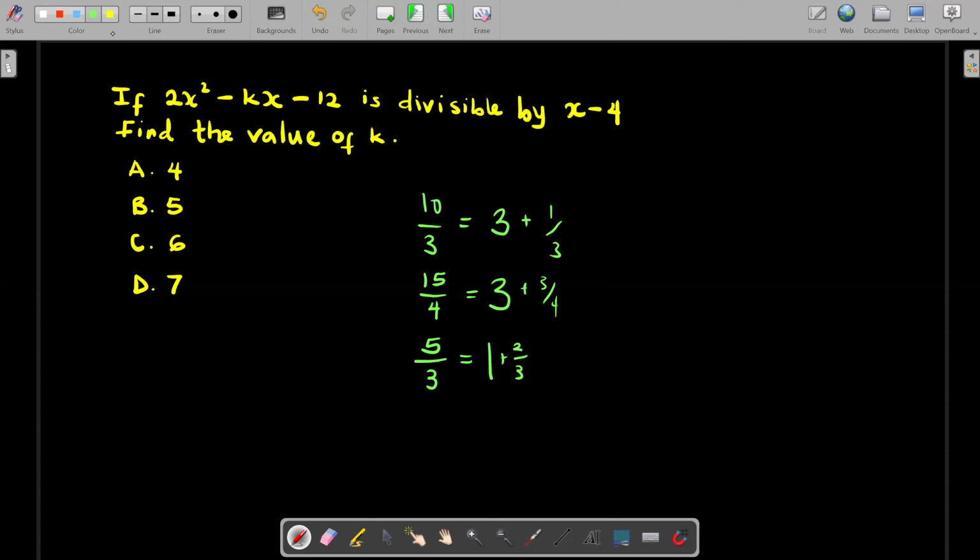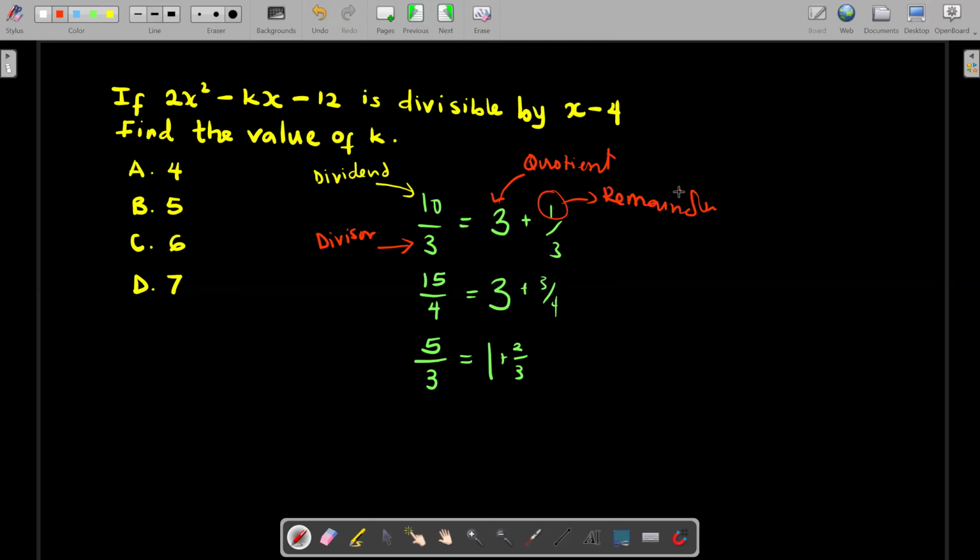The numerator here is our dividend. The denominator here, of course, is your divisor. While the answer here is your quotient. And this 1 that you have here is the remainder.